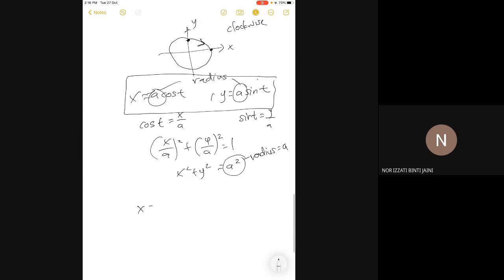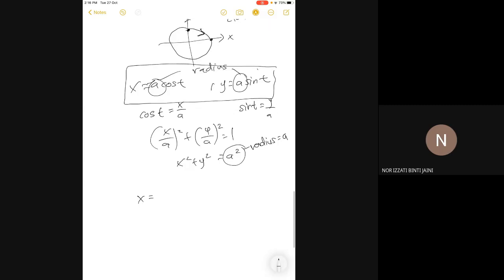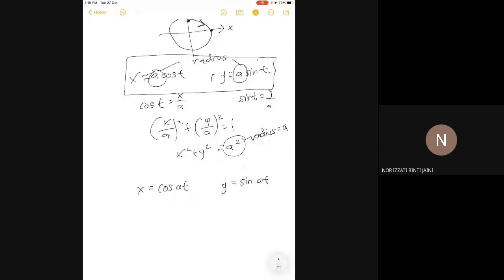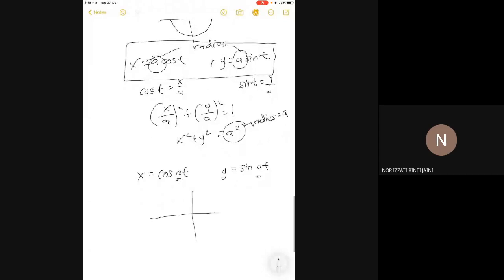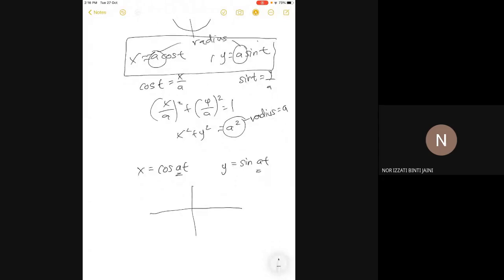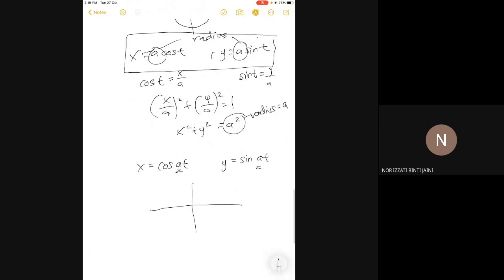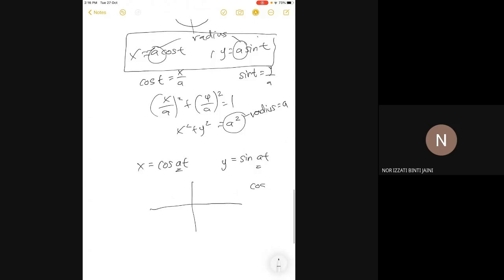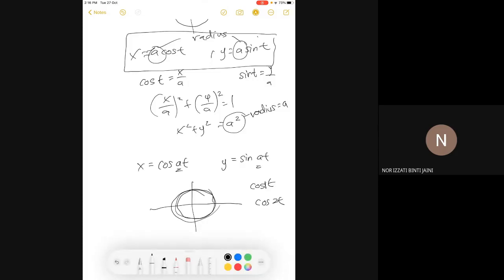How about if a is not a scalar, but becomes cos at, y equals sin at? So this a is not the radius. It's different. However, this a will determine how many orientations happen in pi. If it is cos t, it will be 1. If it is cos 2t, it will rotate 2 times, and so on.